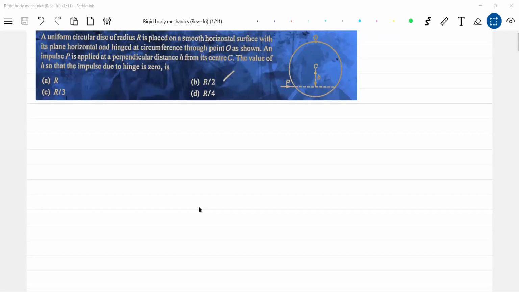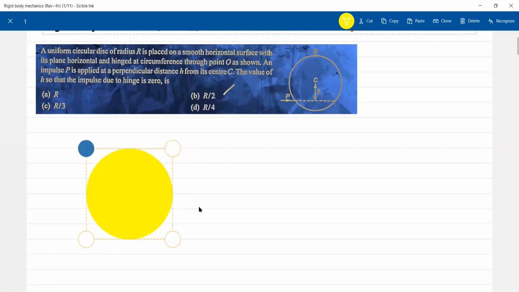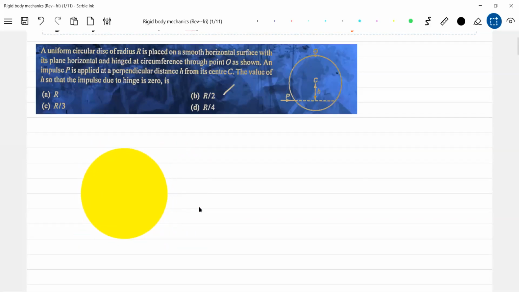Okay, we'll take some numericals. I do have a uniform circular disk, which is pivoted about point O. An impulse is applied.